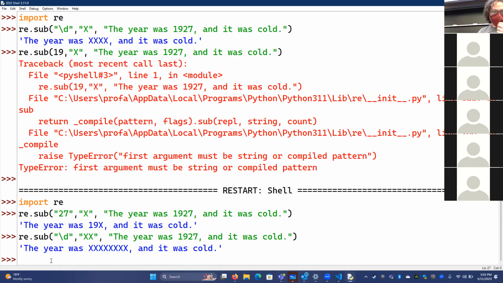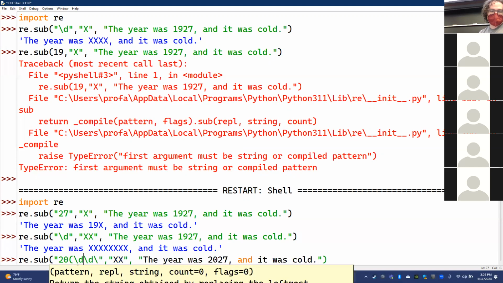All right. But now say you want to, let's see if I can remember how to do this. Let's say we want to do it like the year was 2027, but we only want to take out the last 2 digits of it. Let's see, does that allow me to do that still?